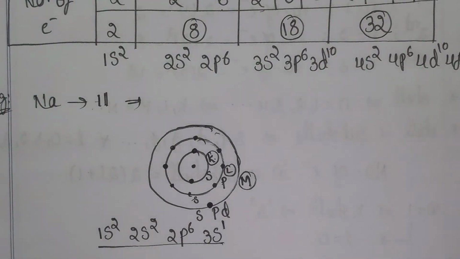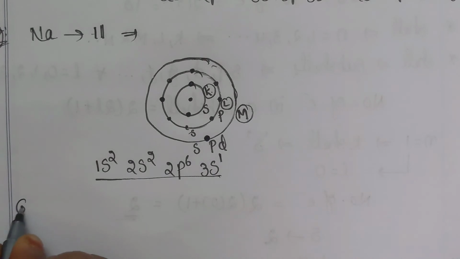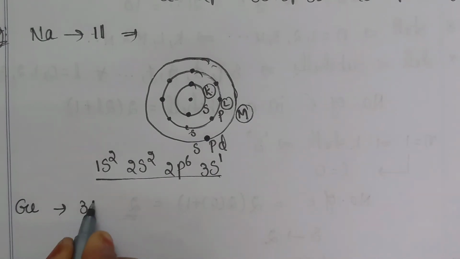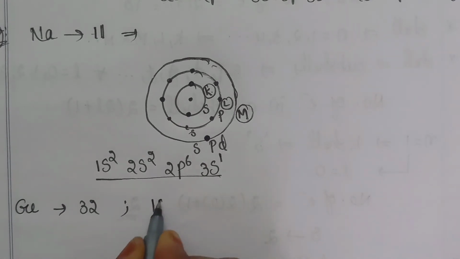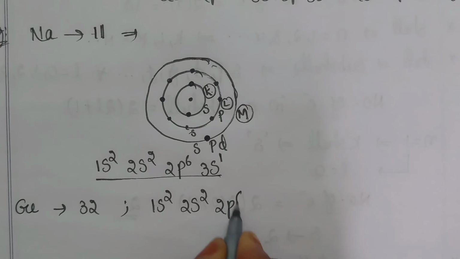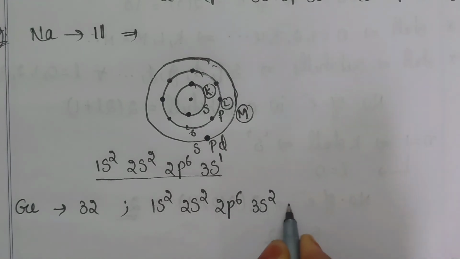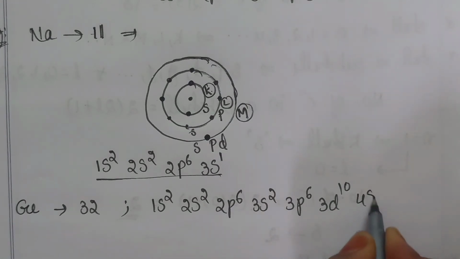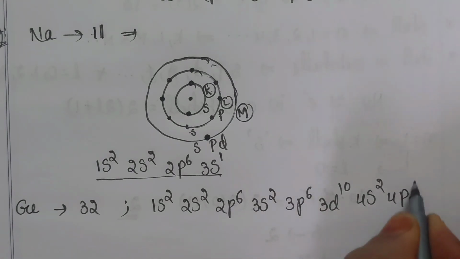In the same way, we can write the electronic configuration for germanium, whose atomic number is 32, as 1s2 2s2 2p6 3s2 3p6 3d10 4s2 4p2.